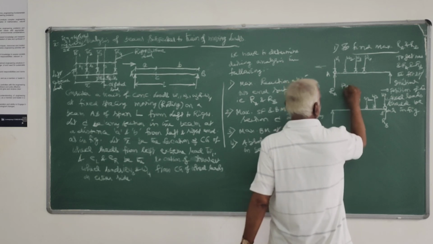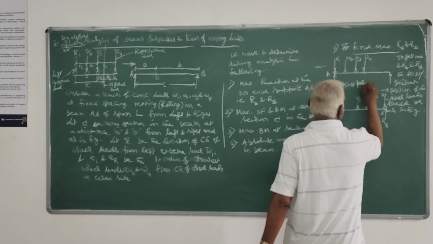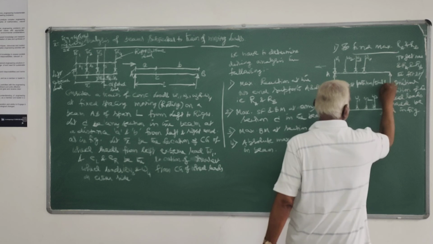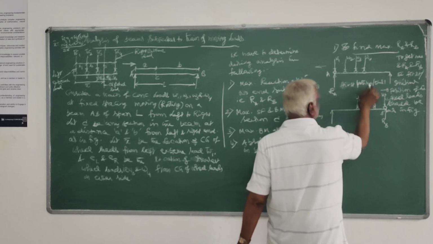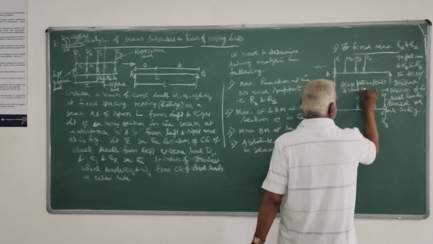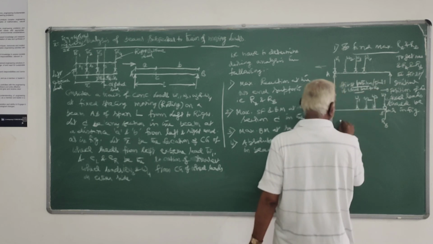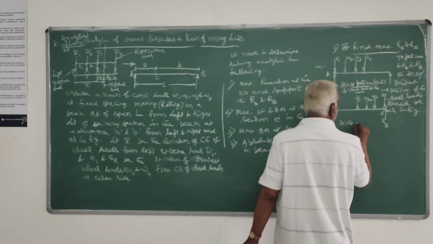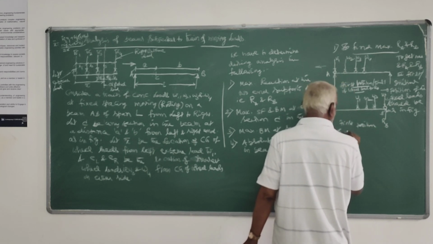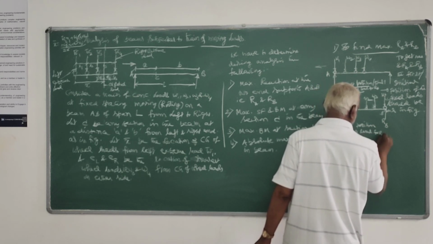So this is the first position, or trial 1. It is called trial 1. This is the first position of these wheel loads for RA. Here this is the first position, or initial position, of wheel loads for RB.